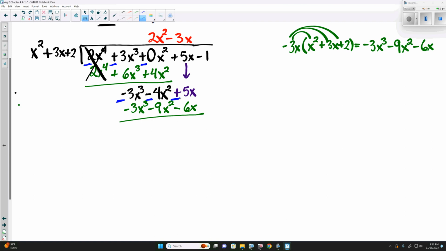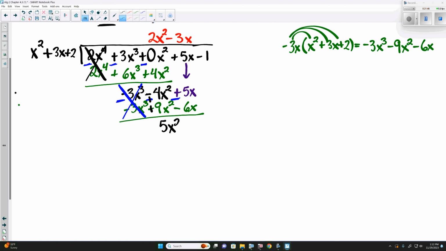And just like before, we're going to subtract. Our negative 3x cubed minus negative 3x cubed is 0. We move on to the next one, negative 4x squared minus negative 9x squared. The negative and negative make a plus, so we have negative 4 plus 9, or 9 minus 4 is 5.